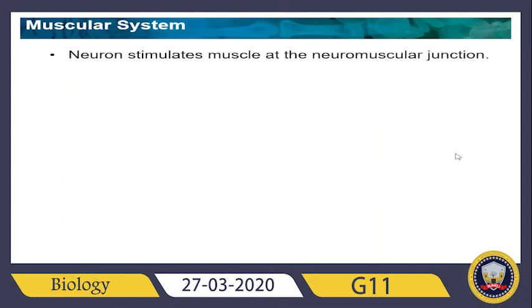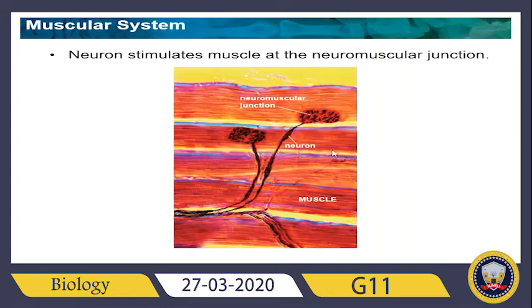The neuron stimulates muscles, of course, because the muscle will contract, but before this, the muscles must get a stimulus. So the nervous system is responsible for causing contractions and movement. The neuron stimulates muscle at the neuromuscular junction. Where is this neuromuscular junction?